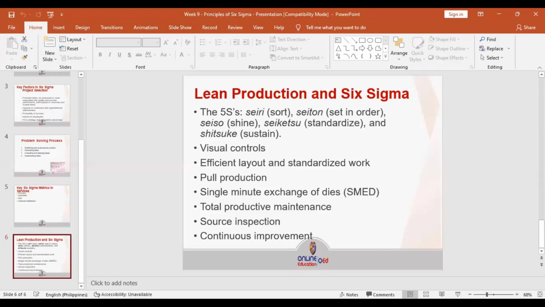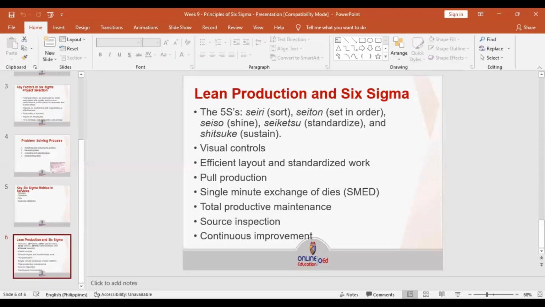Seiso, shine. So we have to maintain and sanitize the surroundings. Seiketsu, standardize, or we have to create a standard on the arrangement of the things. And Shitsuke is to sustain or retain the standard that we establish, and to maintain the cleanliness and order of the quality and even the process.